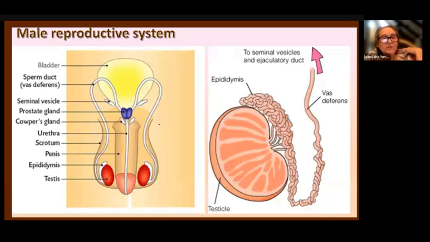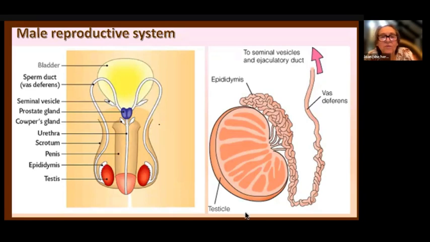These Cowper's glands right here actually add a little bit of fluid, a little bit of lubrication, to the semen and the sperm when the man ejaculates. This is just another look at it. Here's the testicle. And again, the semen comes up here.